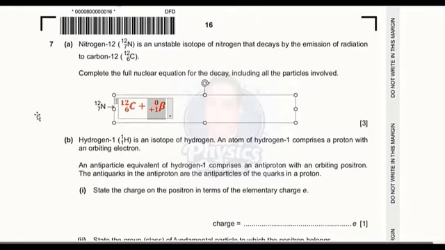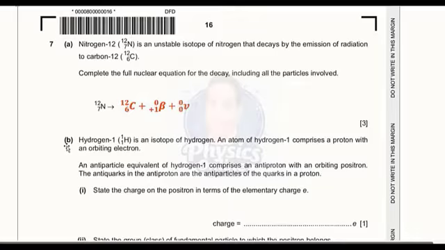So write the notation of beta positive: 0 for the nucleon number and positive 1 for the charge. Plus a neutrino, nu, with nucleon number 0 and proton number also 0.